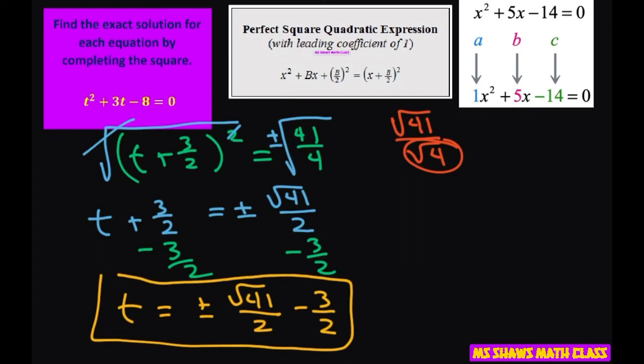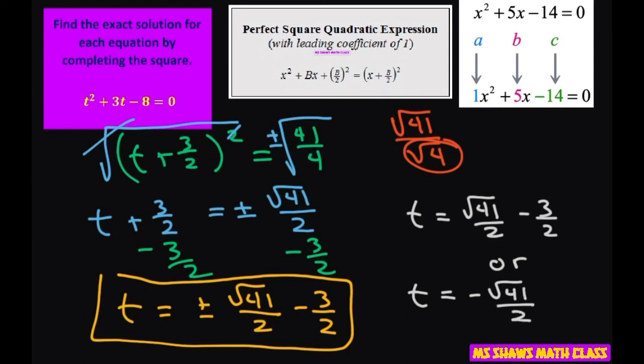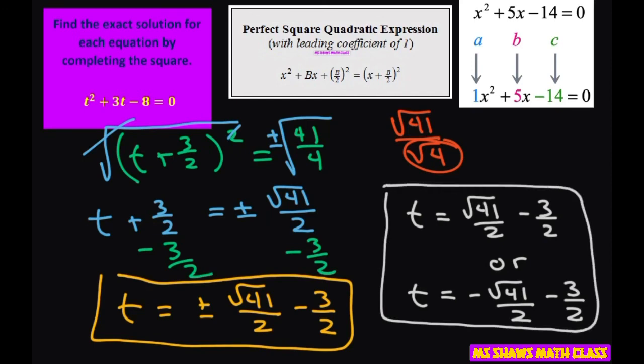Basically what it's saying is that t equals square root of 41 divided by 2 minus 3/2, or t equals negative square root of 41 divided by 2 minus 3/2. So either way you want to write it, these are both equivalent. Because remember, when you write plus minus, that means plus or minus. You want to include that or.